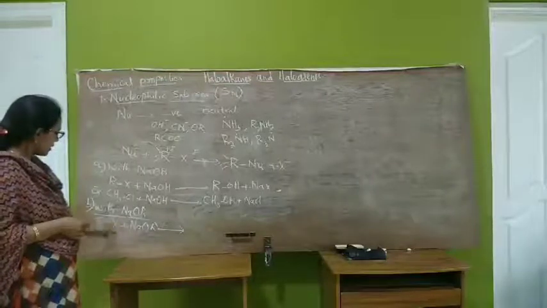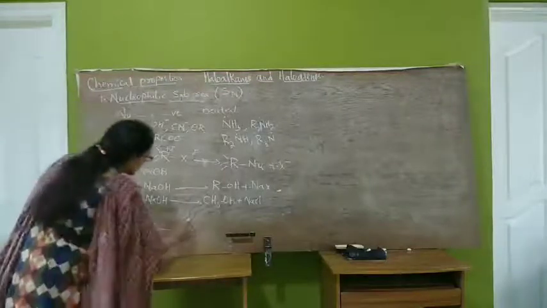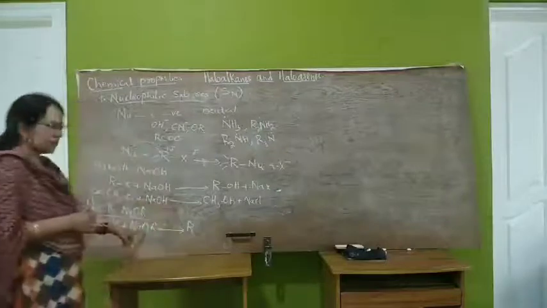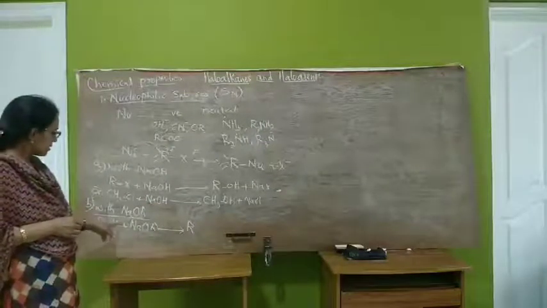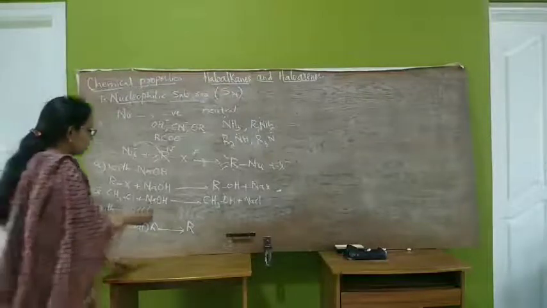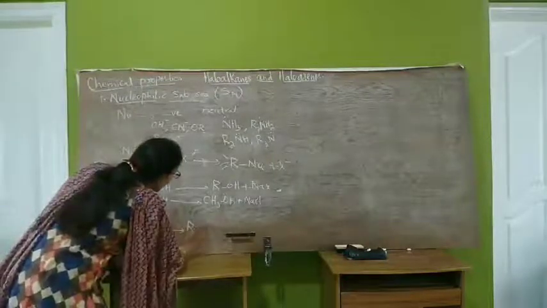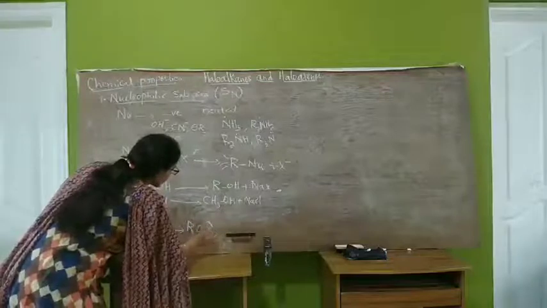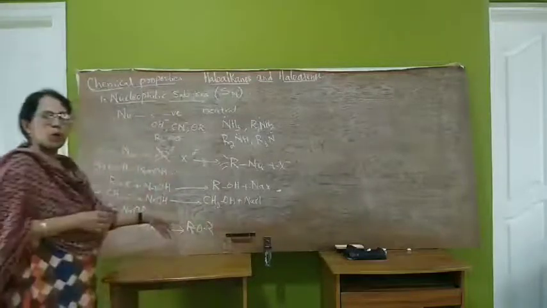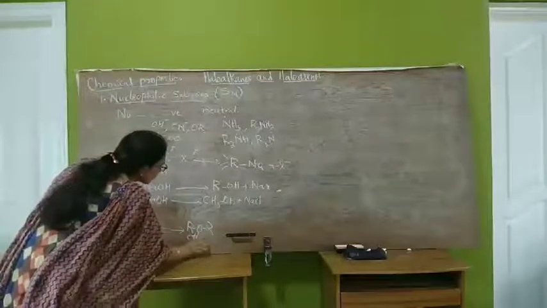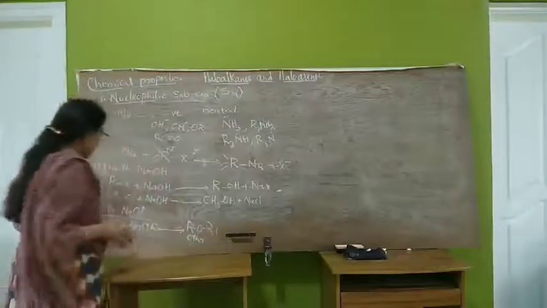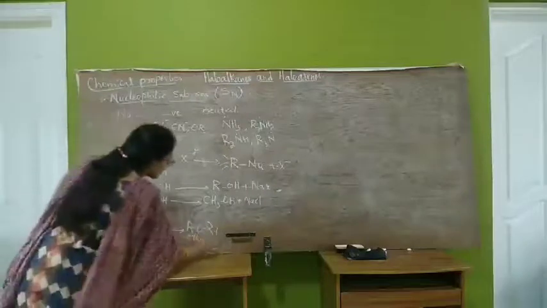ROR. Here the nucleophile is OR minus, which replaces X. Therefore, the product formed is ROR. ROR is an ether. So ethers are formed here, plus NaX.